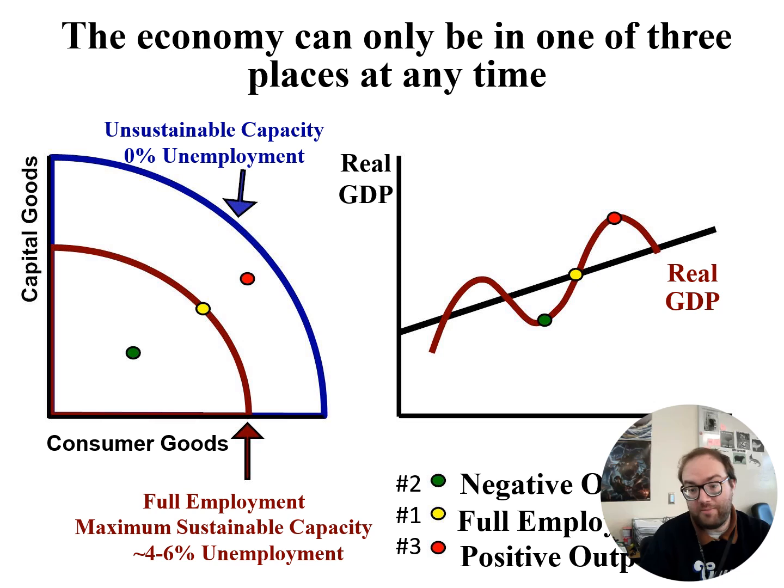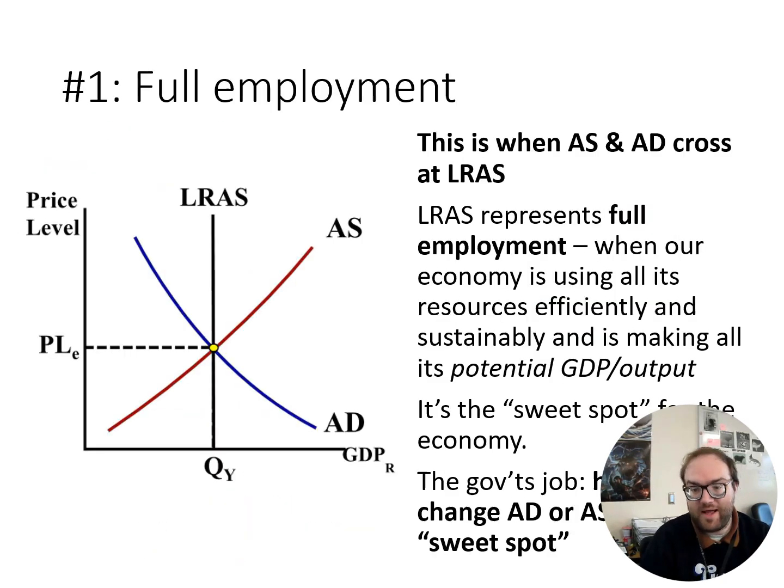We have full employment, where our potential GDP and our actual GDP are the same. We can be above that, which would put us in a positive output gap, or what is called an inflationary gap, or you can be in a negative output gap, which is called a recessionary gap. We'll go back and talk about what each of those three things mean right now.